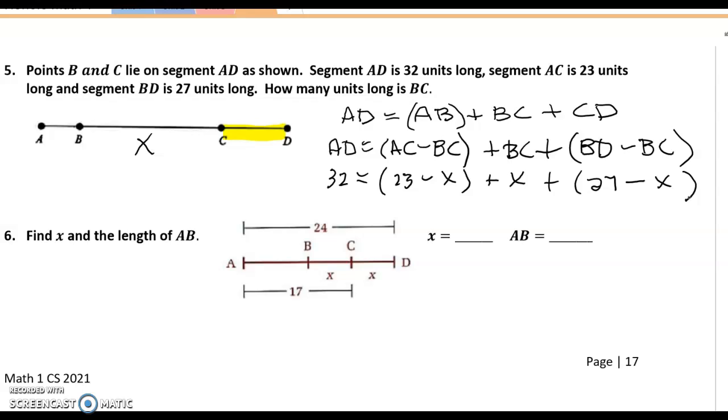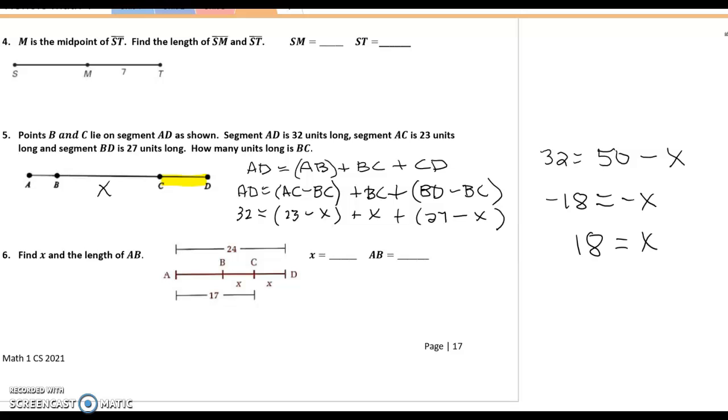So there's our equation, which we're going to solve for x, which is finding the length of BC. On the right side, when we combine all like terms, I get 50 minus x. Solving for x, I get x is equal to 18.